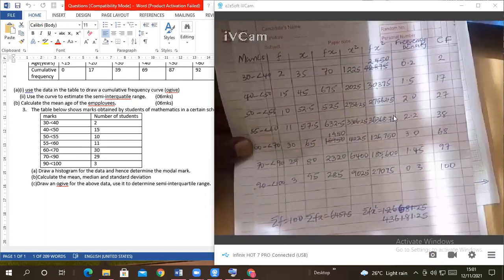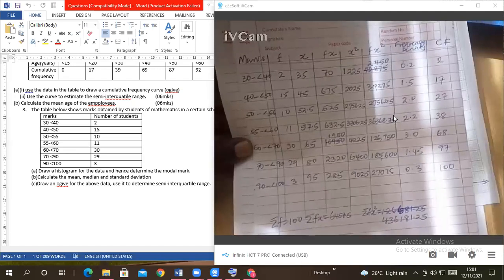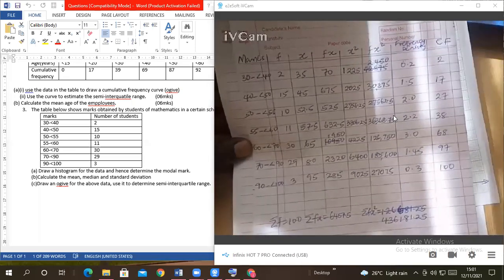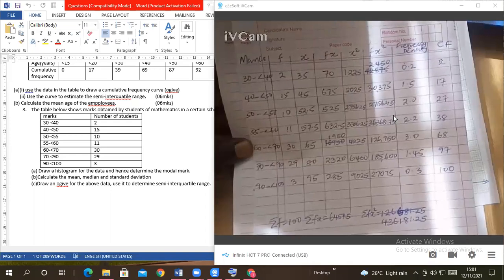But that 80 is not going to help anything. It's just there for convenience, really. Because the class widths are different, those bars are also going to be in different widths. Members, is that clear?